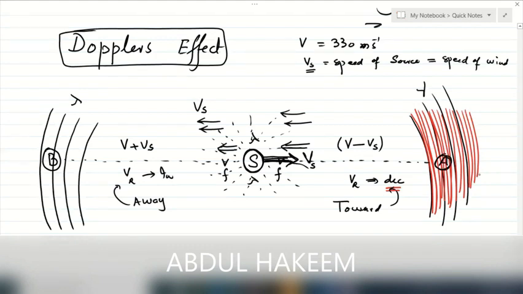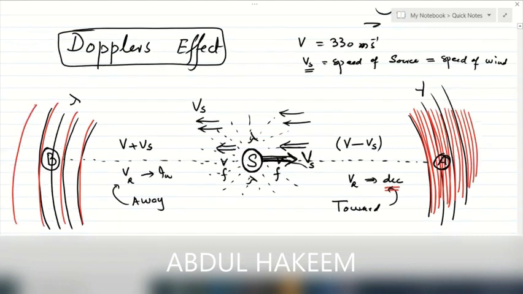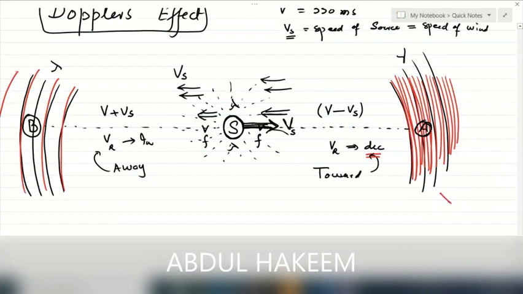And towards observer B, the speed of the sound increases, so the gap increases. Now, the wavelength observed is lambda naught. This lambda naught is the decreased wavelength, and this is the increased wavelength.